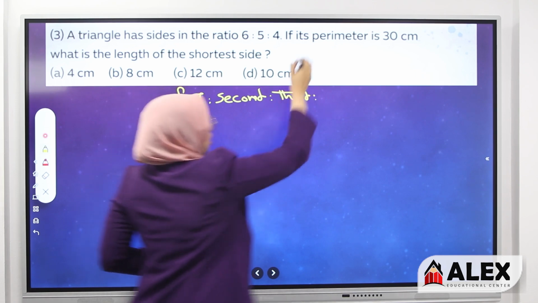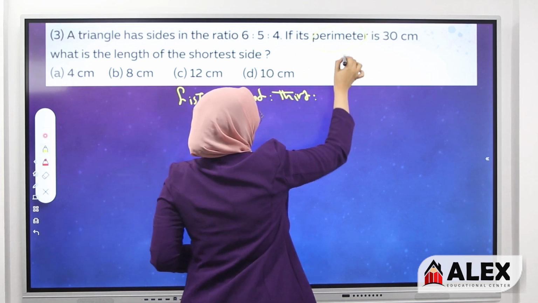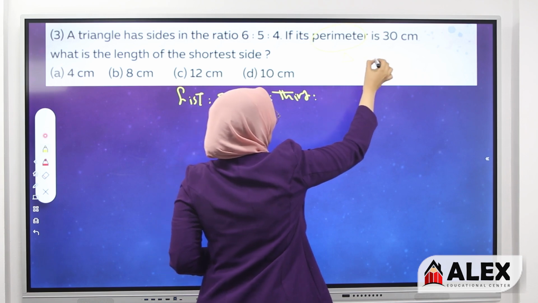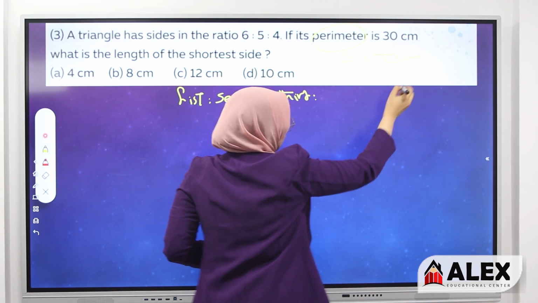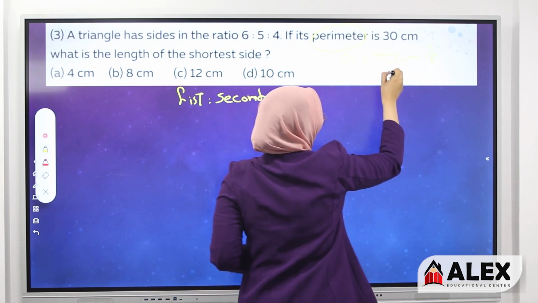The perimeter of any triangle equals the sum of its sides.